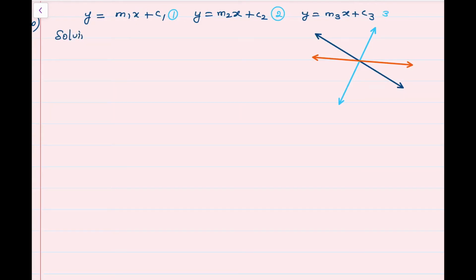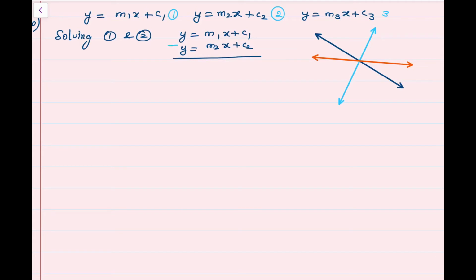Solving first and second equations, y is equal to m1x plus c1 and the second equation y equal to m2x plus c2.